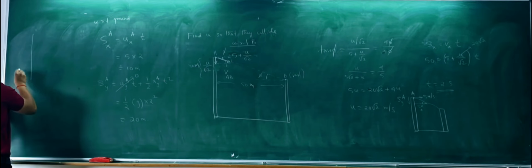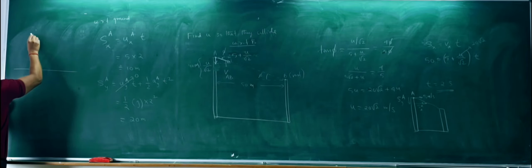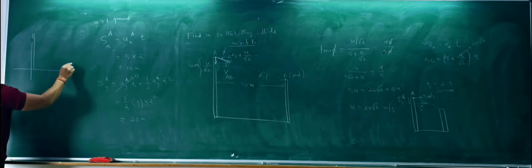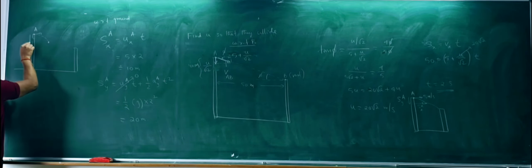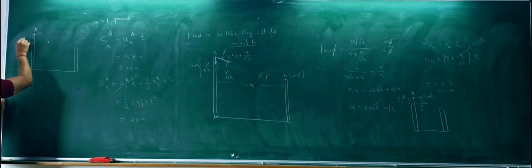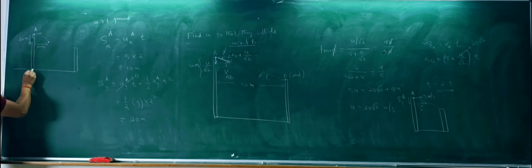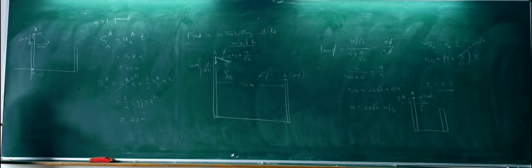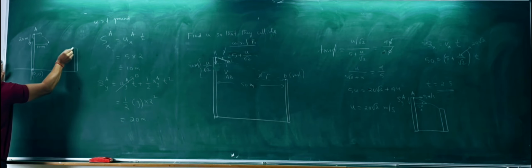If you want to see exactly where they collide, this is A. From A, if I measure, it collides 20 meters down, 10 meters this side. If somebody puts the origin here, in the exam they can put the origin wherever they want, then what will be the coordinate of the point of collision?